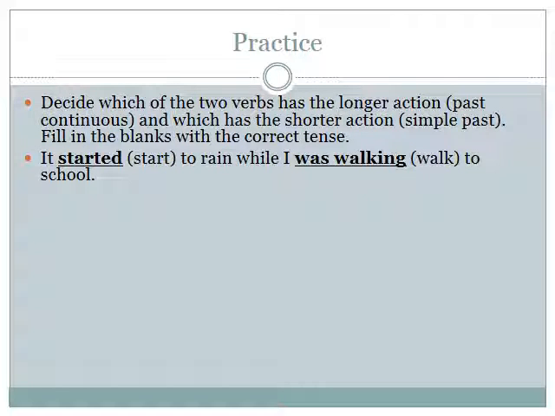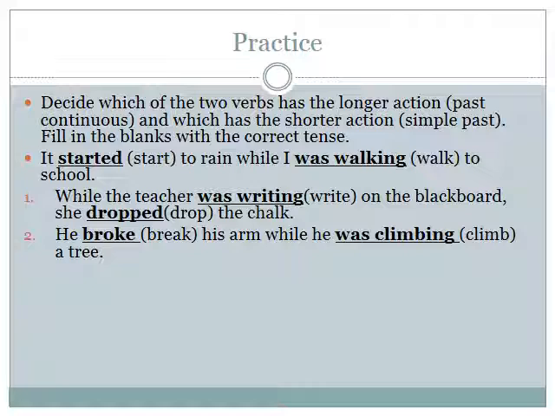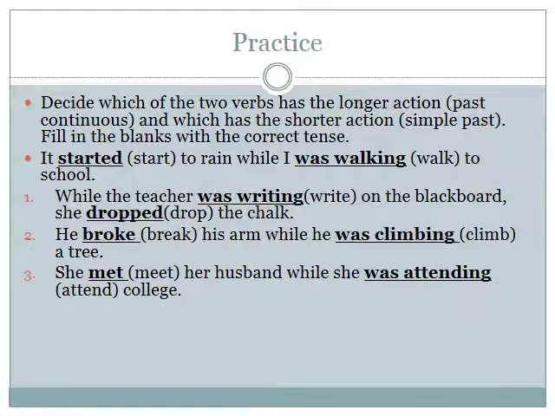So it started to rain while I was walking to the school. It started to rain, short-term action, while I was walking to school, long-term action. While the teacher was writing, long-term action, she dropped the chalk, short-term action. He broke his arm, short-term action, while he was climbing a tree, long-term action.